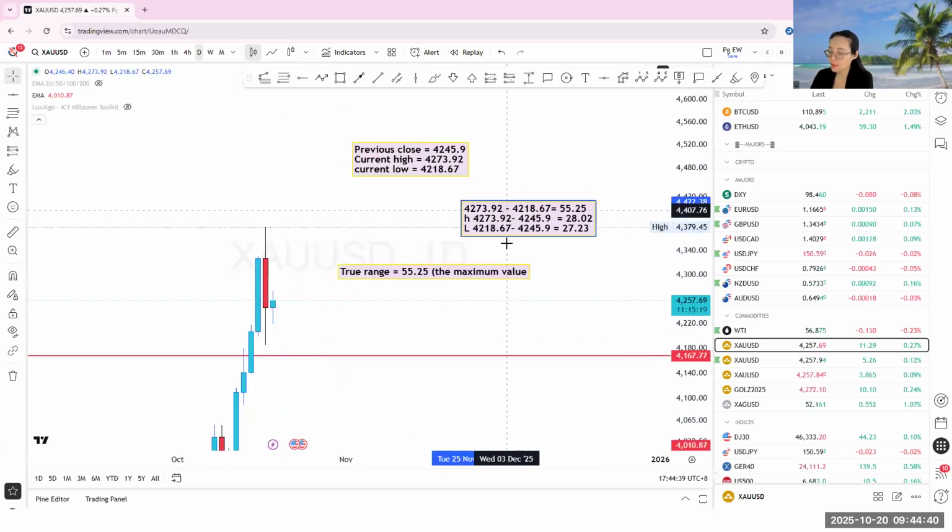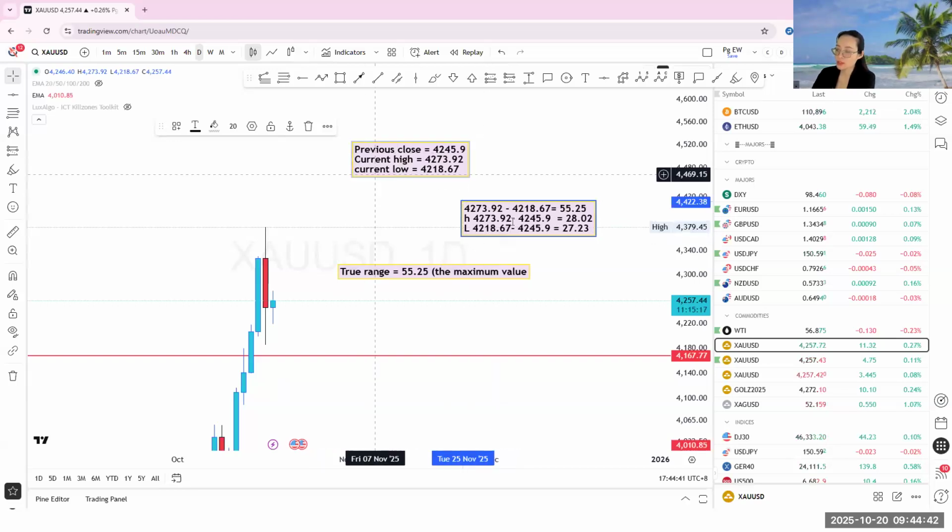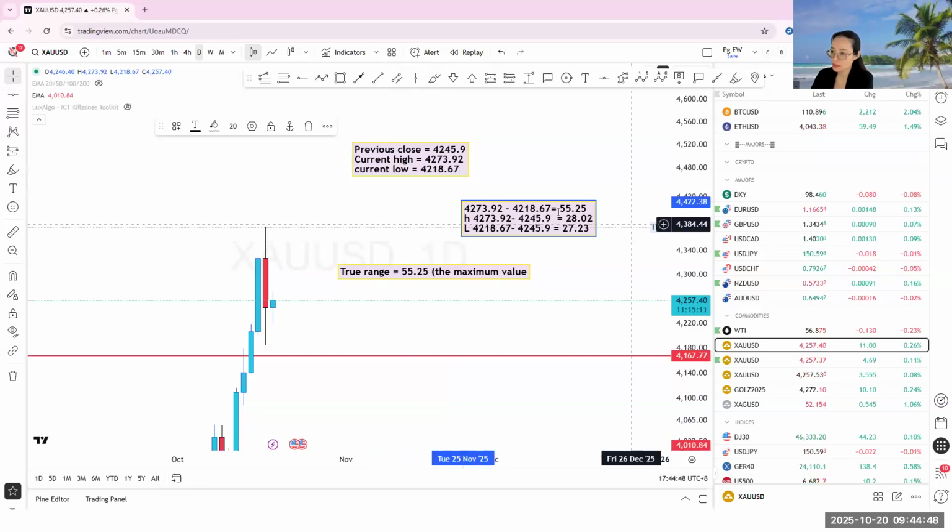Whenever you do, we're going to use the current high minus the current low, which is this one. It says I already calculated. If you want me to calculate for you, where is my calculator?